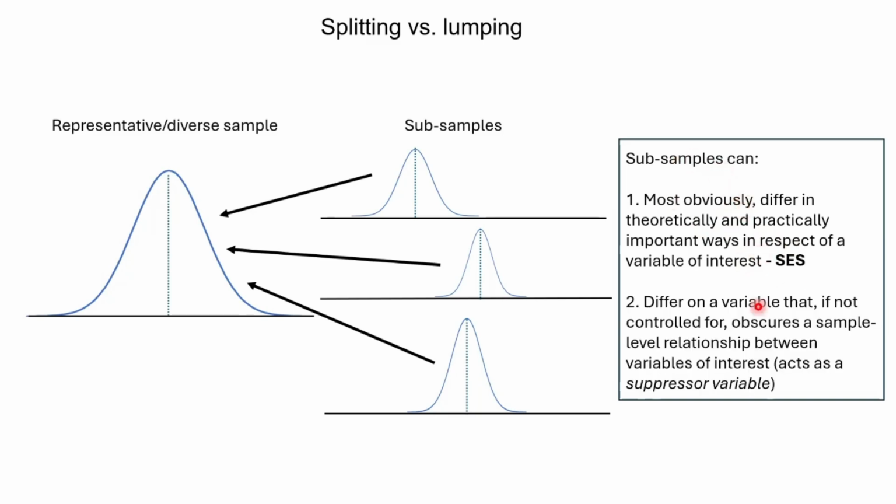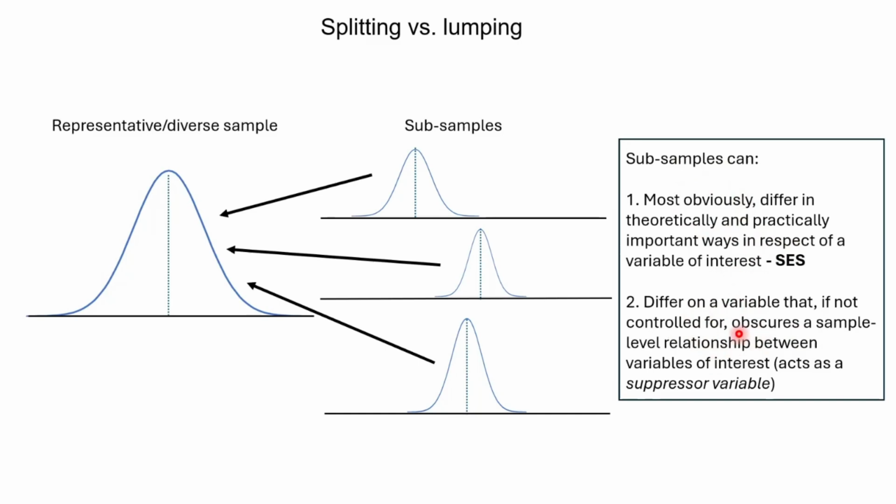The second way, though, that not recognizing subsamples can be important is that by not controlling for these subsamples, or stratifying, not stratifying is the wrong word, but segregating, if you like, the data by a particular subsample, you may actually obscure what is actually a general relationship.